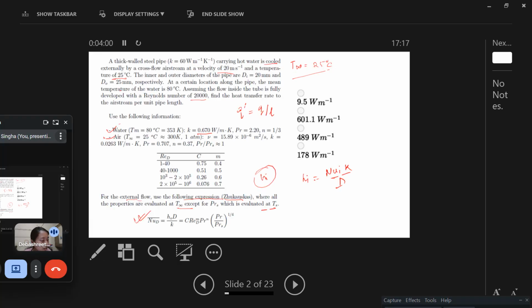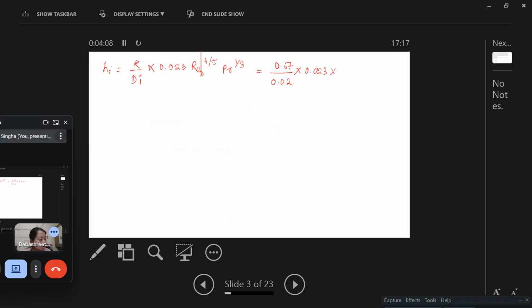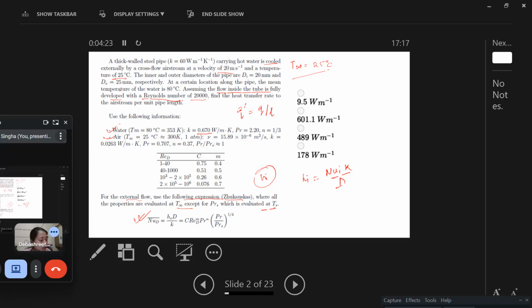So they already have given the Reynolds number for the inside flow. The flow inside the tube is fully developed with Reynolds number 20,000. So Re D is 20,000 to the power 4/5 into Pr to the power 1/3, and the Prandtl number is also given as 2.2.